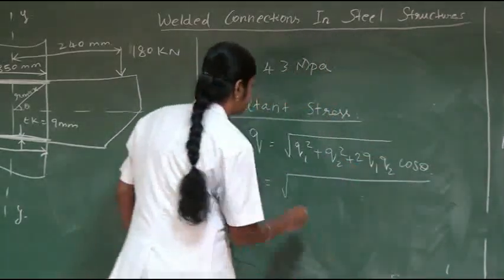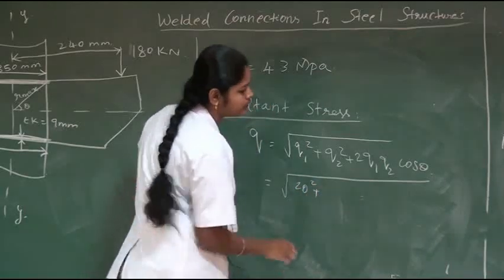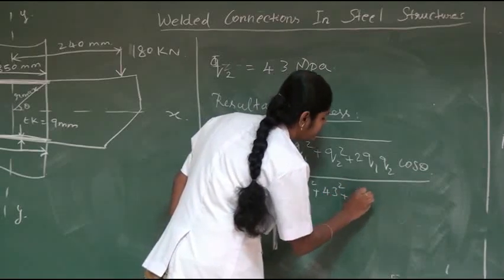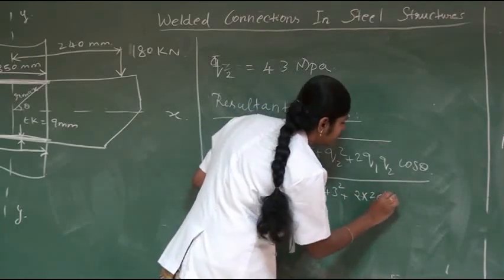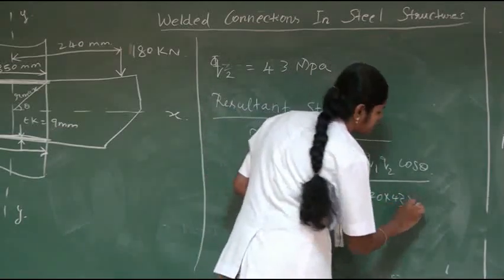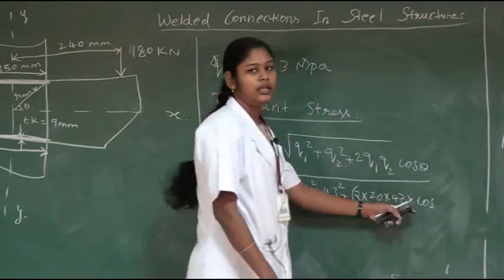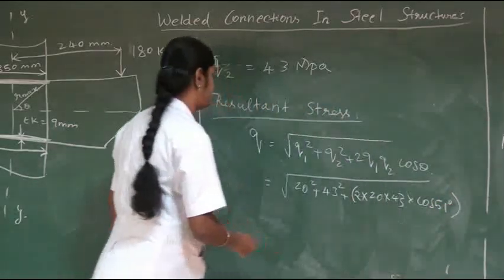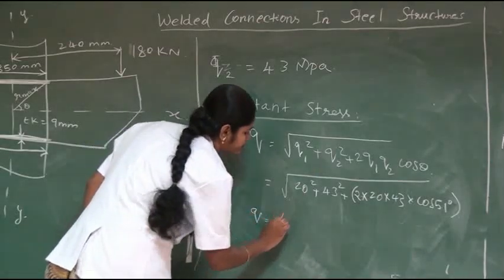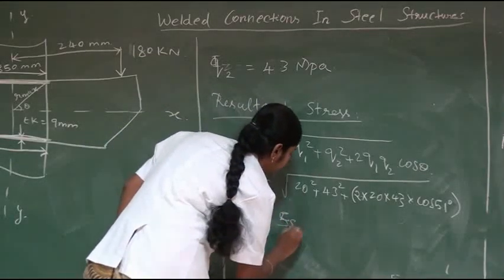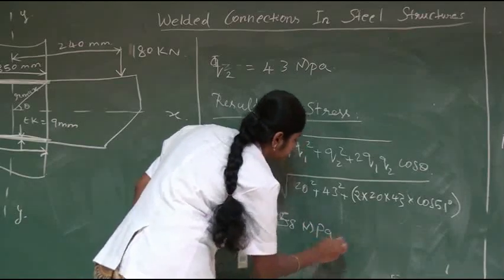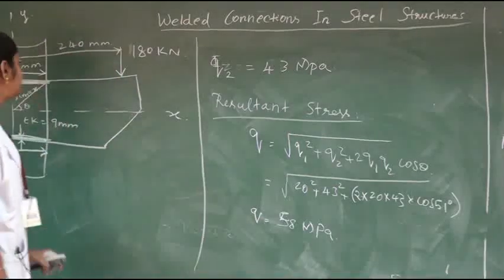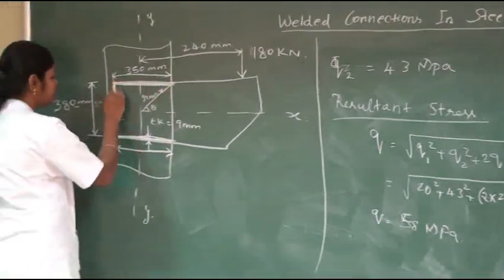Q1 is 20 squared plus Q2 is 43 squared plus 2 into Q1 is 20, Q2 is 43, then theta we have calculated earlier, theta value is 51 degree, therefore cos 51. Therefore, the value of Q is 58 megapascal. Finally, we have found the resultant stress as 58 megapascal, which is acting on the thickness of the weld.